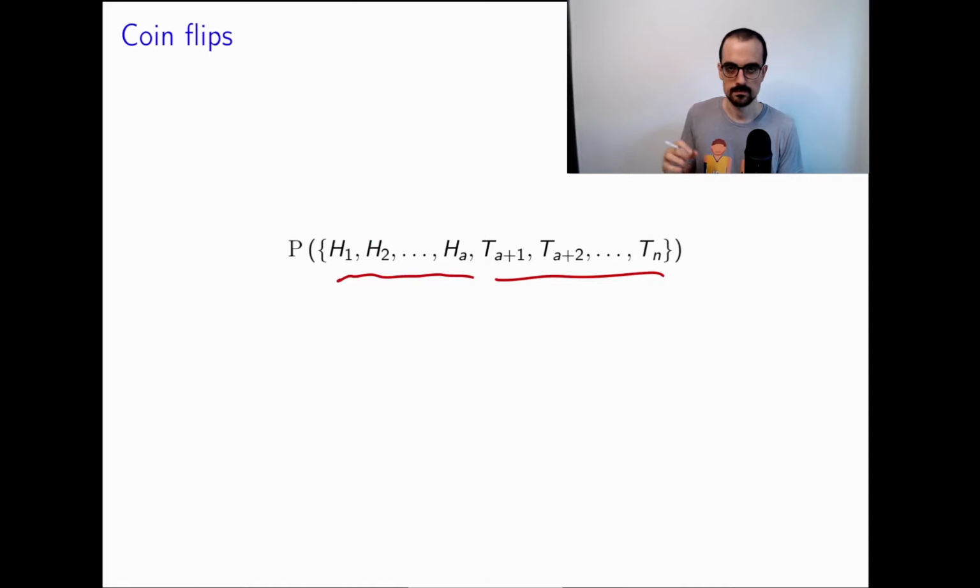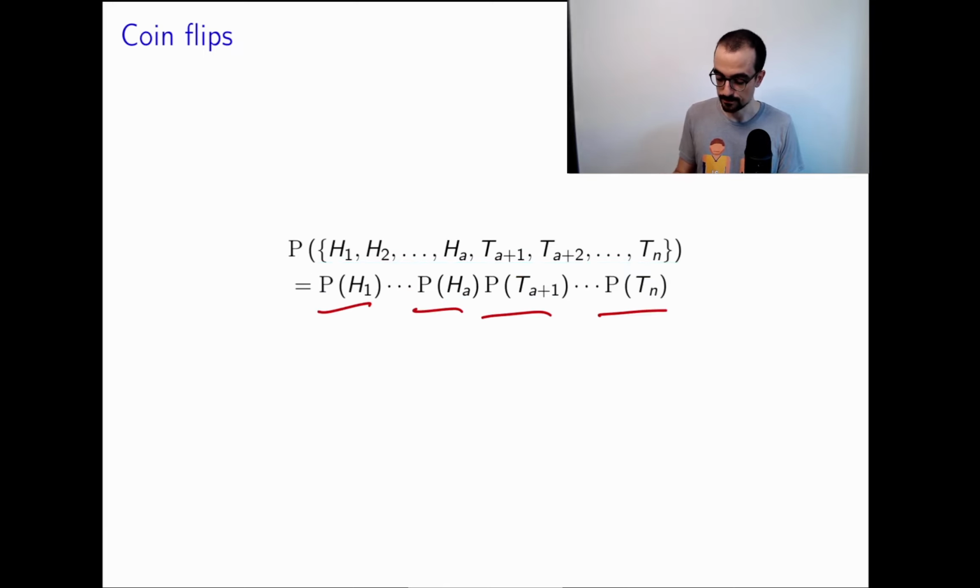So let me get back to it. We had seen that we want to separate into these sub-events because their sum is going to be the event that we're interested in. Now for this one in particular, because of the independence assumption, we can factorize the probability into the probability of the individual events.